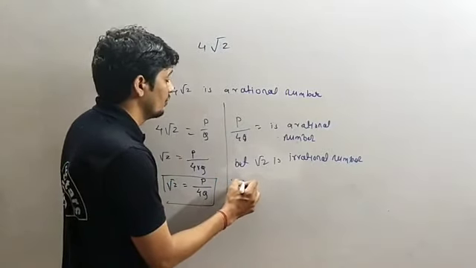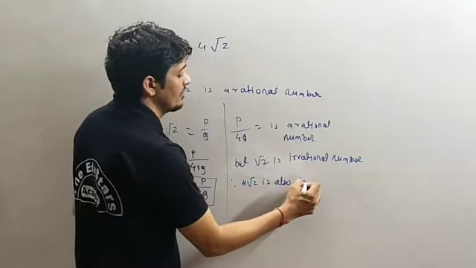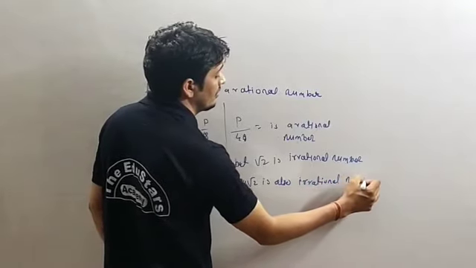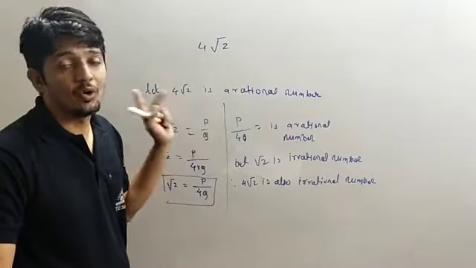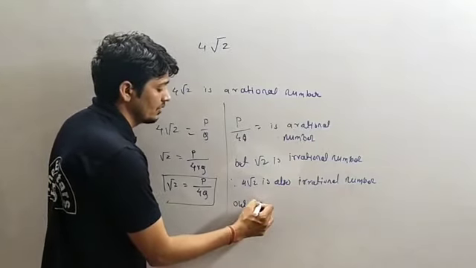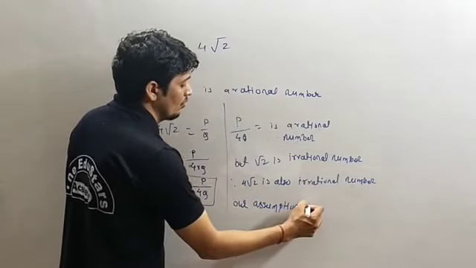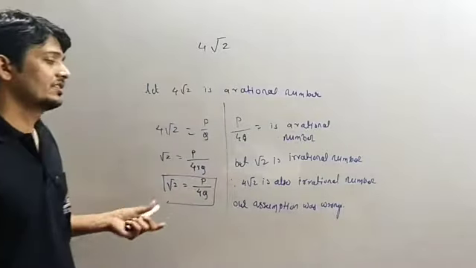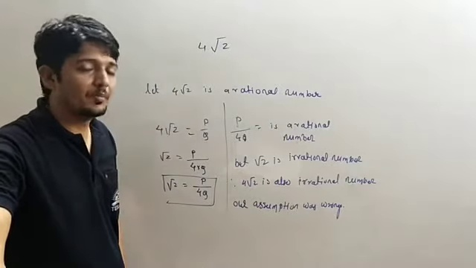Therefore 4 root 2 is also an irrational number. That means our assumption was wrong. So this is how we prove whether 4 root 2 is an irrational number or not.